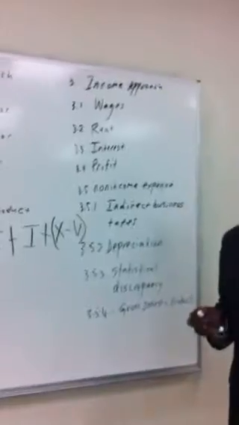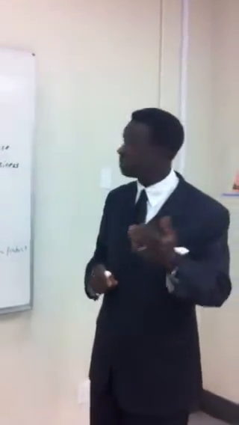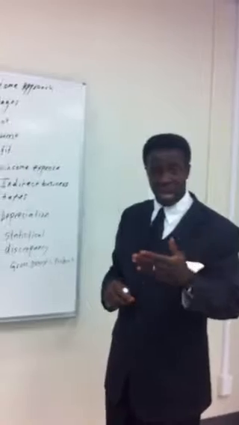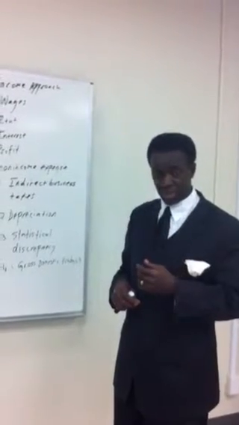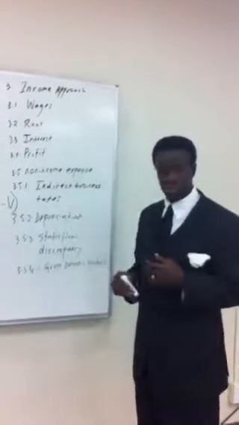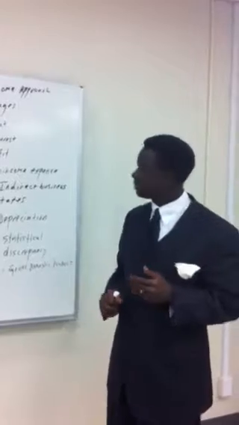The income approach, we add up wages, which is the reward received by labor, and we add up rent, which is the reward received by natural resource or land owners, and interest, which is the reward received by capital.